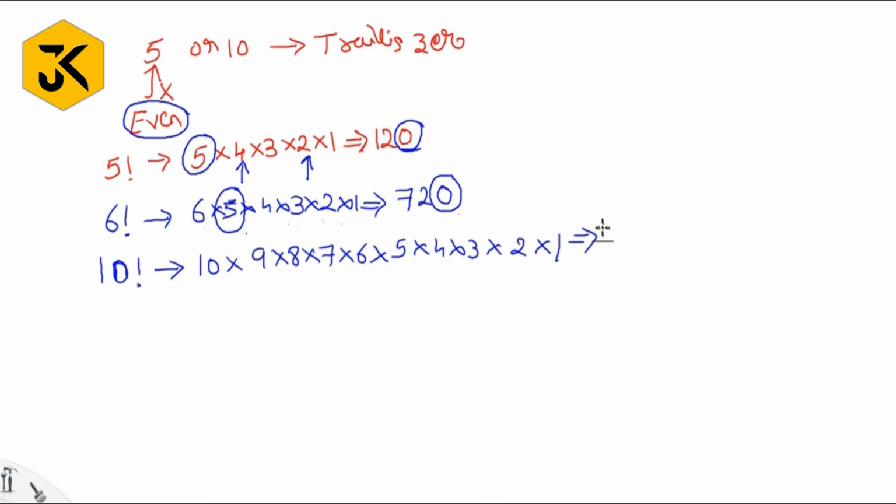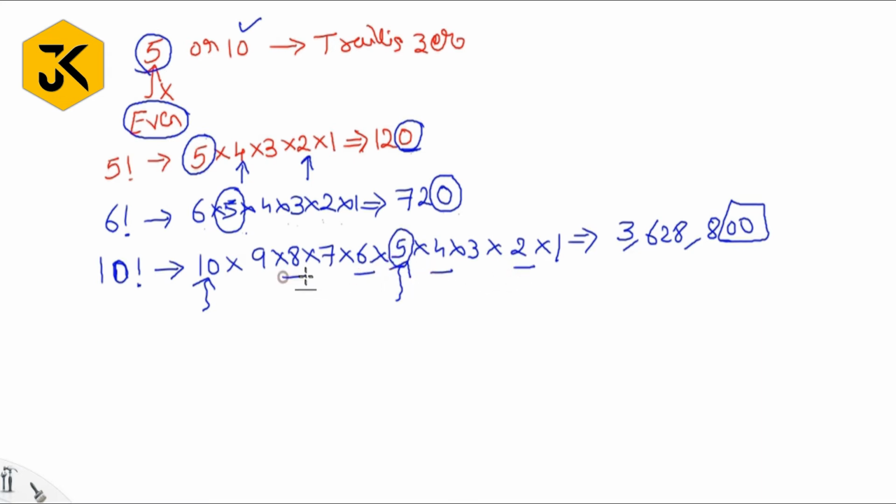The 10 factorial result, I have already calculated, is 3628800. Here you got two trailing zeros. Why did you get two trailing zeros? Because of the existence of the 10, and because of the existence of 5, and here I have used 5 because there exist multiple even numbers. So because of these two numbers, 5 and 10, I got two zeros here.